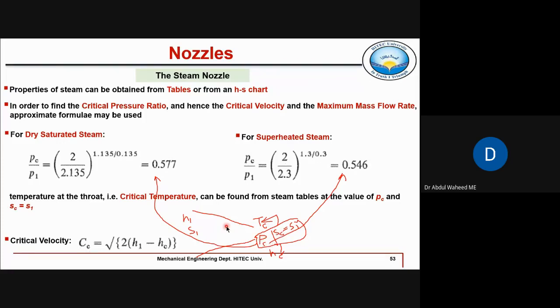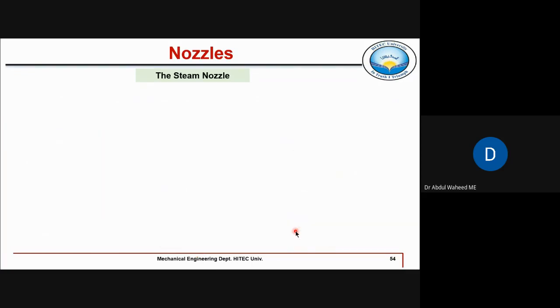Or वैसे भी in the convergent part, we can assume isentropic process. Right? So that's why Sc is equal to S1 can be assumed. All right. So now we shall derive another equation of calculating the change or drop in enthalpy, delta H.